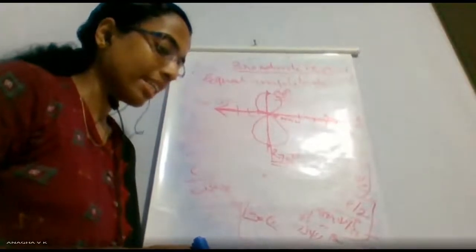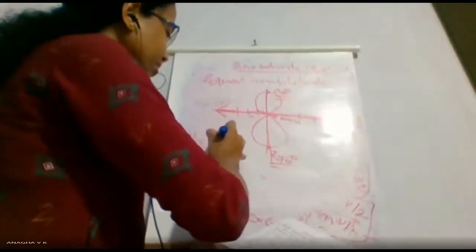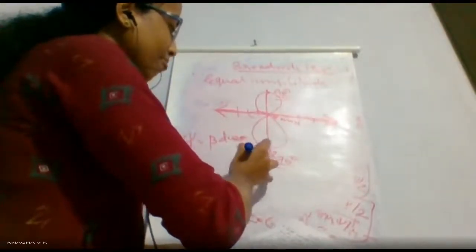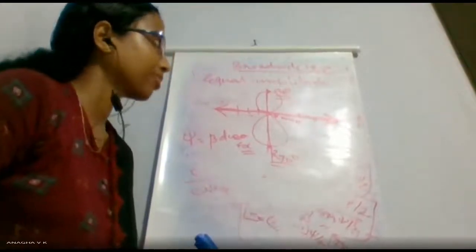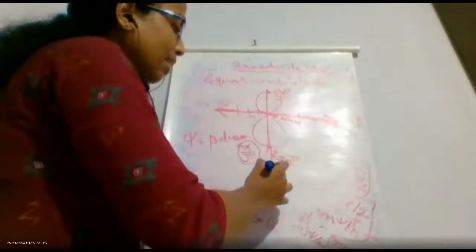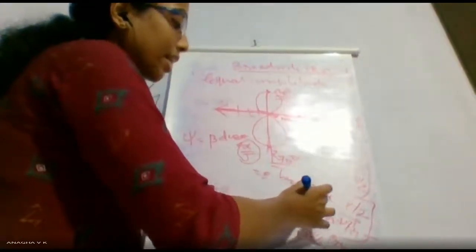Total phase angle is what? Psi equal to beta d cos theta plus alpha, where alpha is the additional phase shift. But here this additional phase shift term is equal to 0 in the case of broadside array.